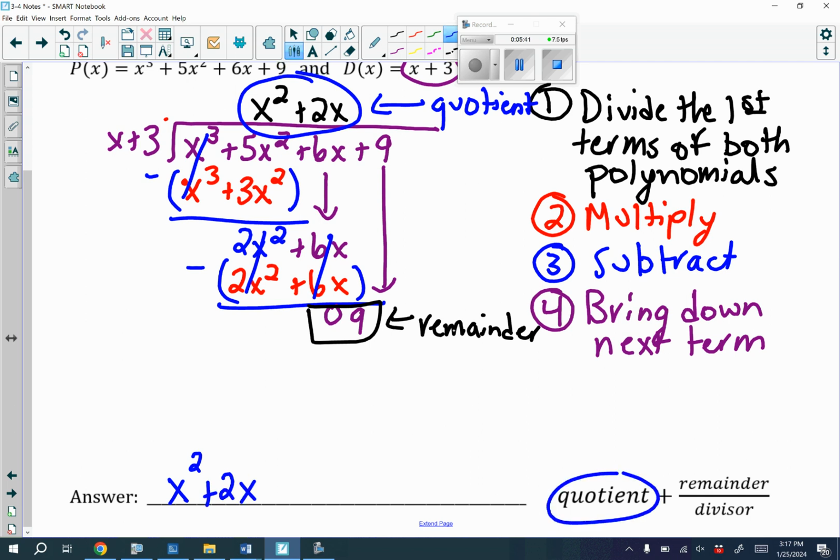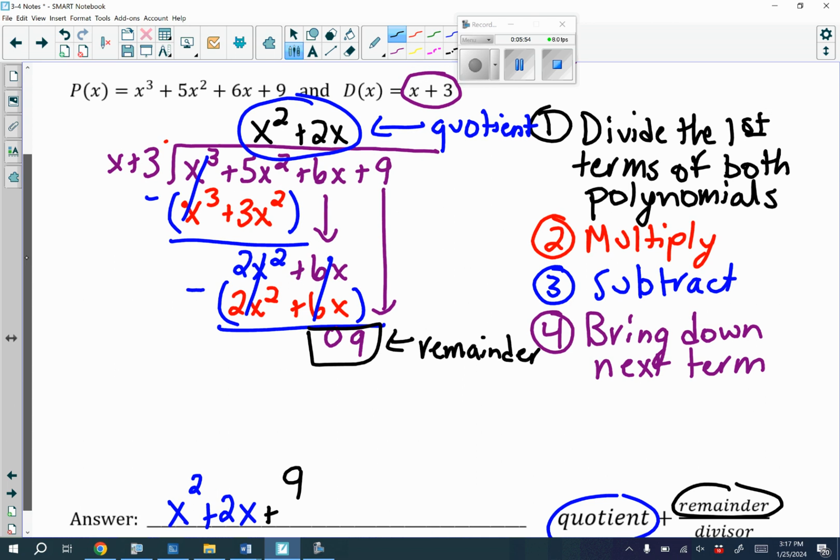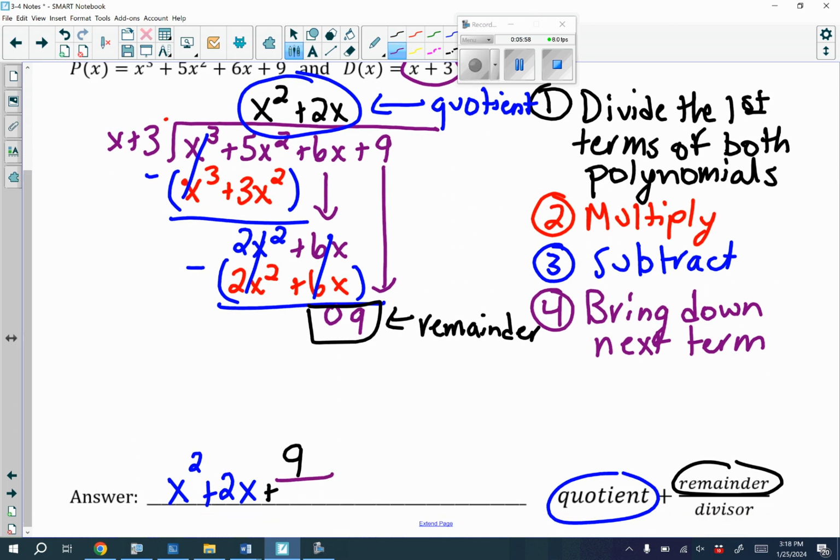My remainder, we said, was 9, so I do plus 9. Now I place the remainder on top of the divisor. We said the divisor was x plus 3. And so that's how I write my answer.